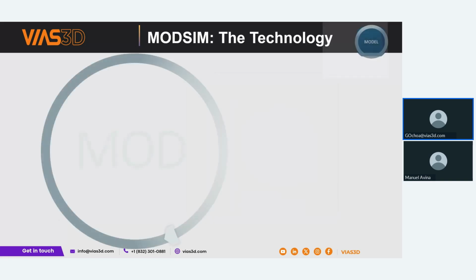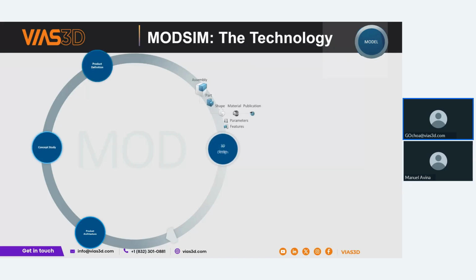Now, how the MODSIM technology works. So if we start with the modeling side of things, there are some steps that happen on that side. We can start with, if we're talking about the entire product, we may start defining the product architecture. We can also work on some concepts, and then we define the product, and then we have the initial 3D design of that particular product.